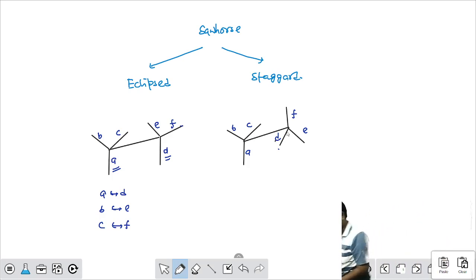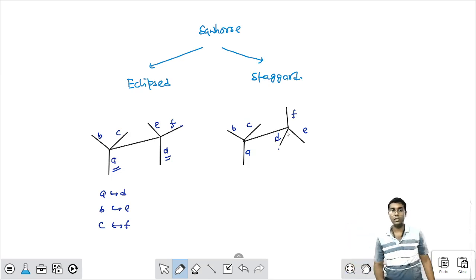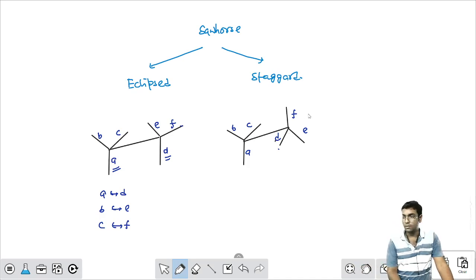So there are two types of projection possible for the sawhorse projection: this is called eclipsed and this is called staggered. They are basically interconvertible with C-C bond rotation.